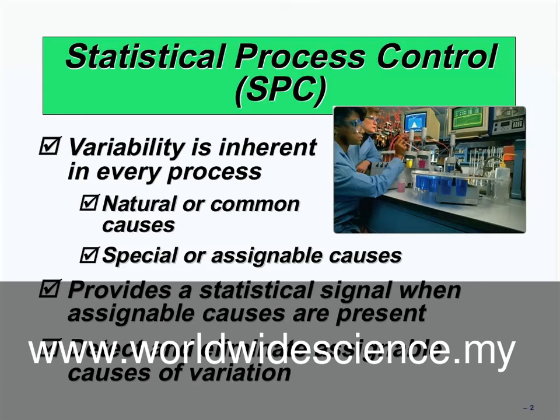This is the reason that a statistical method is only for the states where there is a special or assignable cause. Because, as I told you, for natural or common causes, we cannot do anything. So statistical process control shows only that there are special or assignable causes.